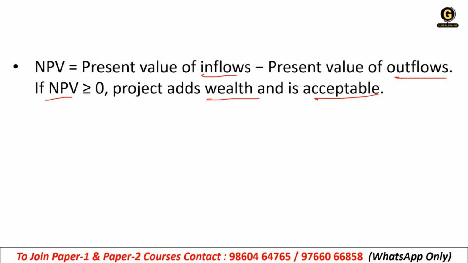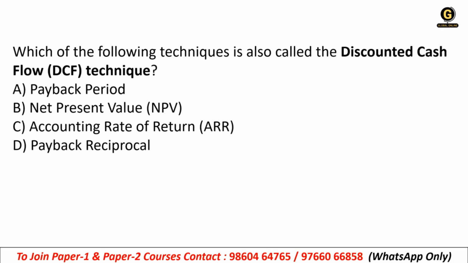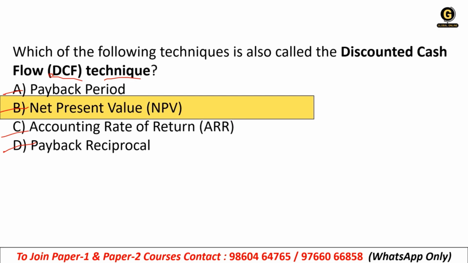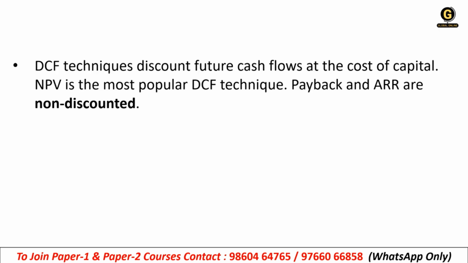Which of the following techniques is also called the discounted cash flow DCF technique? Payback period, net present value, accounting rate of return, or payback reciprocal. The right answer is option B, net present value. It is also called the DCF technique.